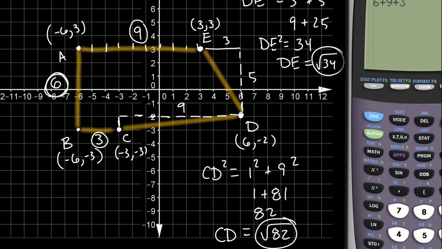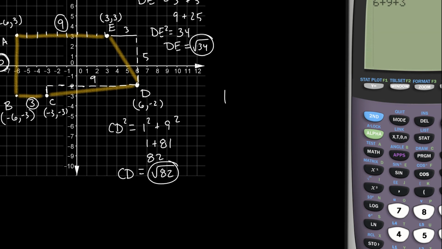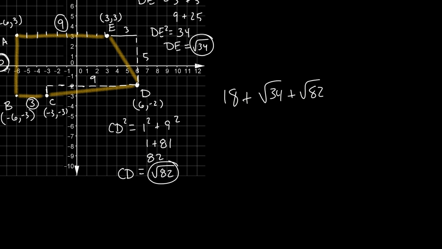That's 9 and 9, that's 18. So if I wanted to write the exact answer, I would write 18 plus root 34 plus root 82. You know, 34 divided by 2 is 17, right? Yeah, oh, that's not going to help. Those are both prime. Yeah, I think we're done with that.